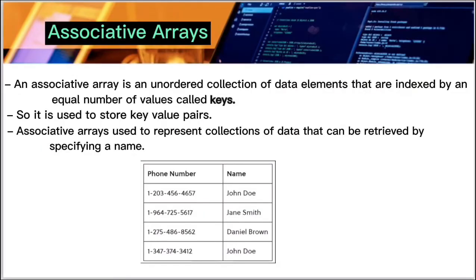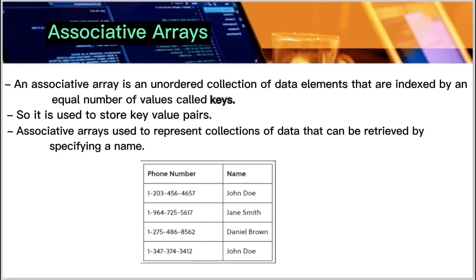An associative array is an unordered collection of data elements that are indexed by an equal number of values called keys, used to store key-value pairs, and to represent collections of data that can be retrieved by specifying a name. For example, this is an associative array where you can see the phone number and its owner.